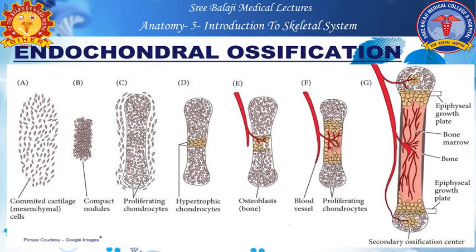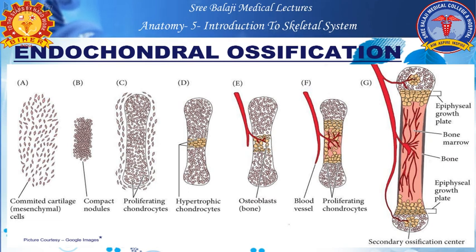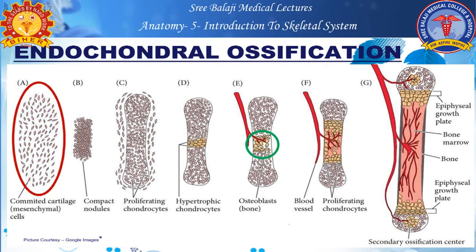Endochondral ossification, which is the first type of ossification. We'll see how bone is formed by this type of ossification. During the development of the fetus, initially there is a group of mesenchymal cells deposited in the area where a bone has to be formed.